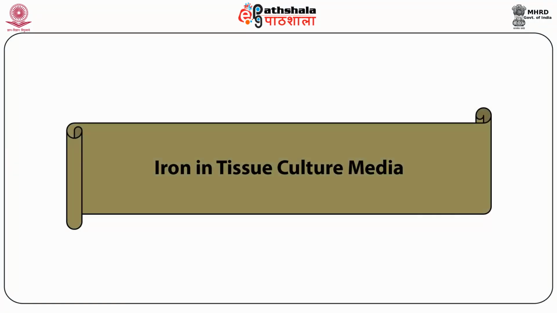Apart from major and minor salts, it was discovered that iron plays a very important role in growth. It was Heller way back in 1953 who made a detailed study of inorganic nutrients in tissue culture media, and he gave special emphasis to iron and nitrogen.